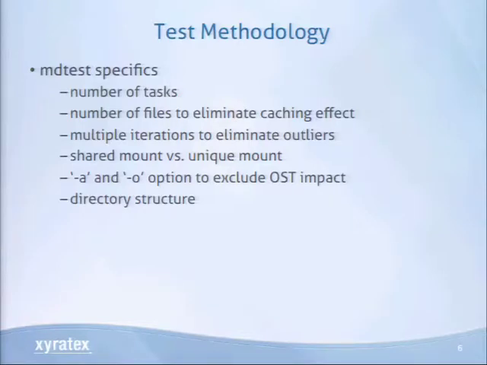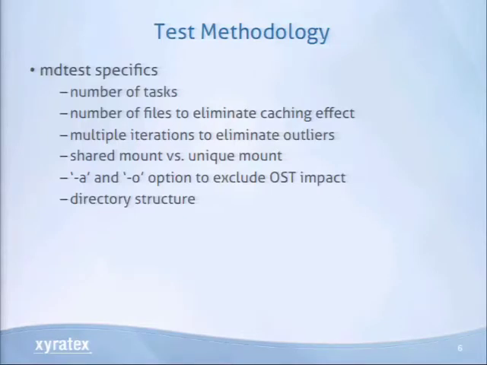So you want to use the unique mount option so that each task will have its own mount point. That will eliminate the limitation of the RPC lock, which serializes all the metadata modifications from a single client. So basically, it simulates a lot of clients using a single physical client node.